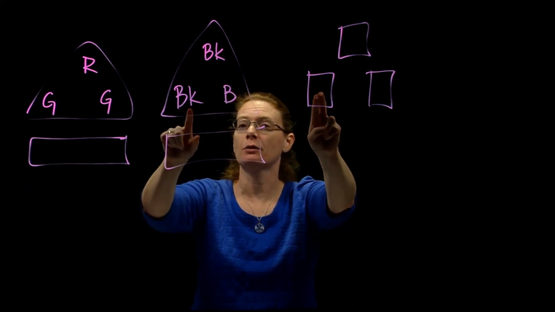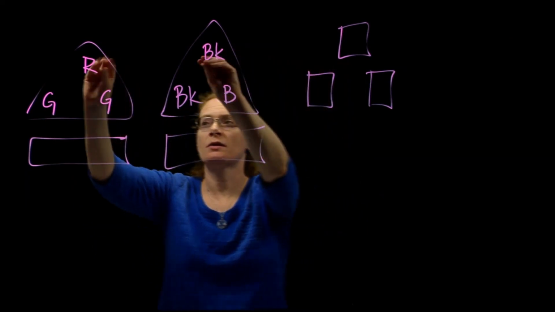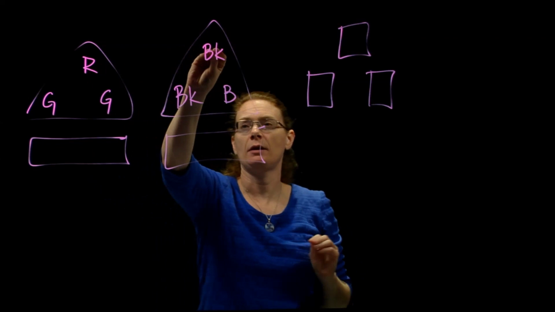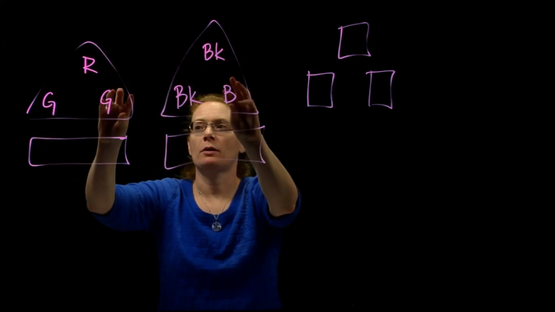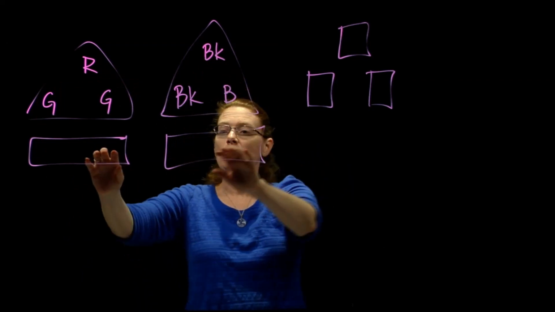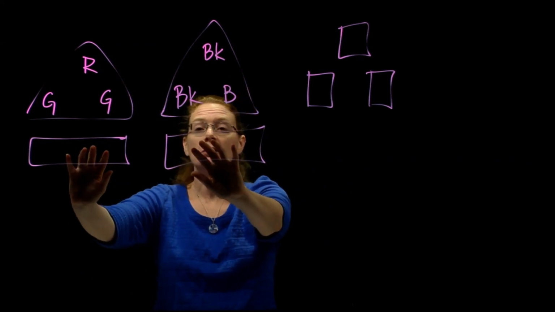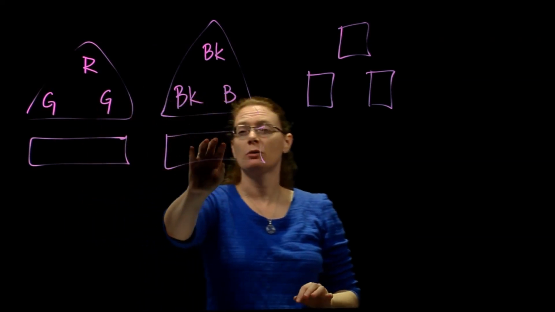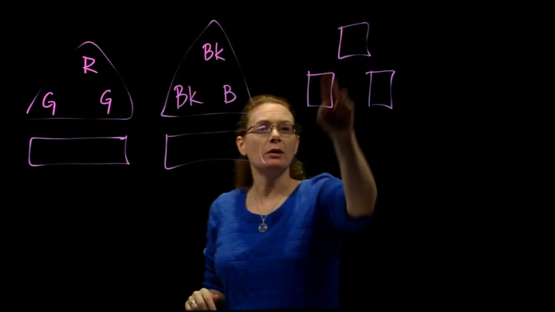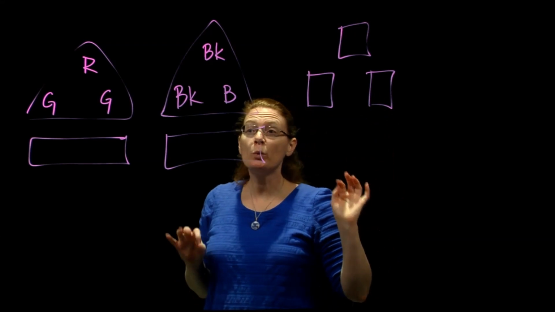Under another color filter looks black. So it's the same orientation. These 2 are the same object. These 2 are the same object. We want to know what color filters we're going to use to create this, what color filter we're going to use to create this, and what color each of the 3 objects of clothing really are.